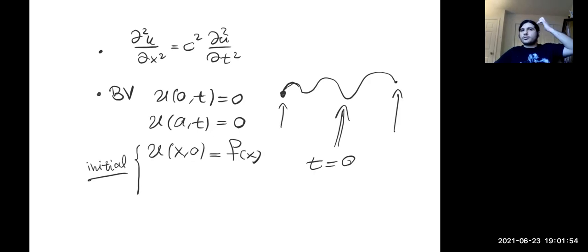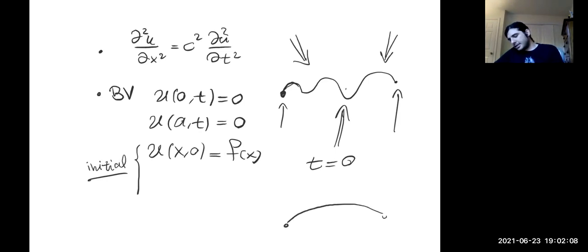When some string is moving, telling you that, for example, at t equals 0 the string looks like this is not enough. Let me draw something simpler. Let's say the string at t equals 0 is like this. You don't know whether the string is moving upwards, or conversely, going back down. You don't know that.